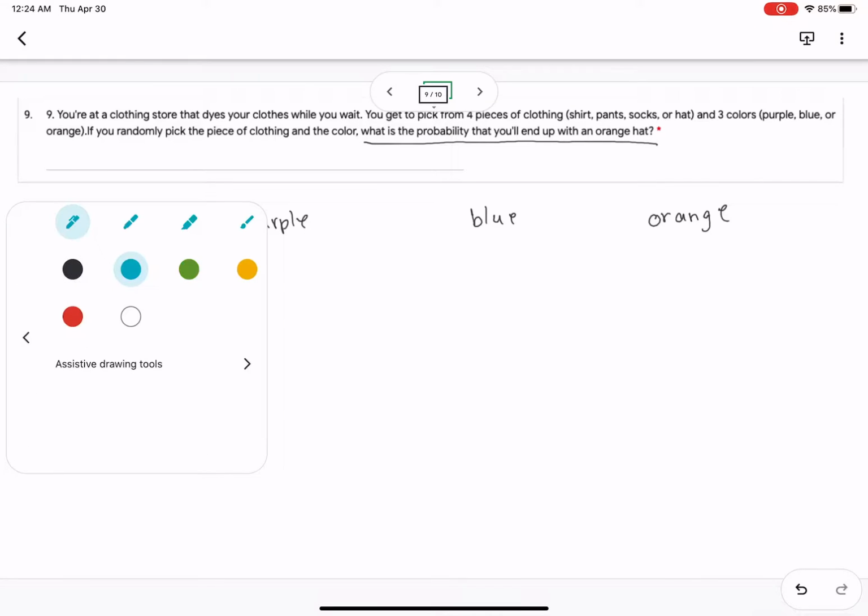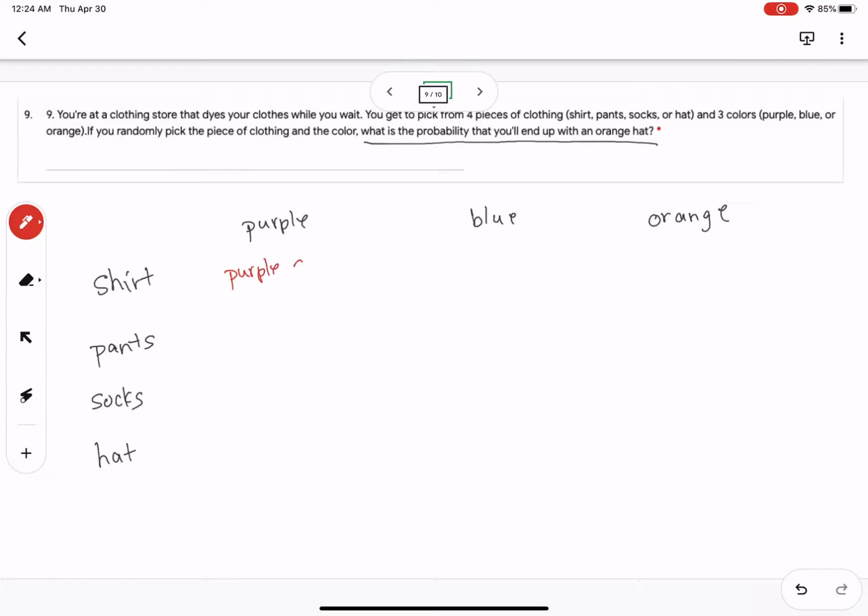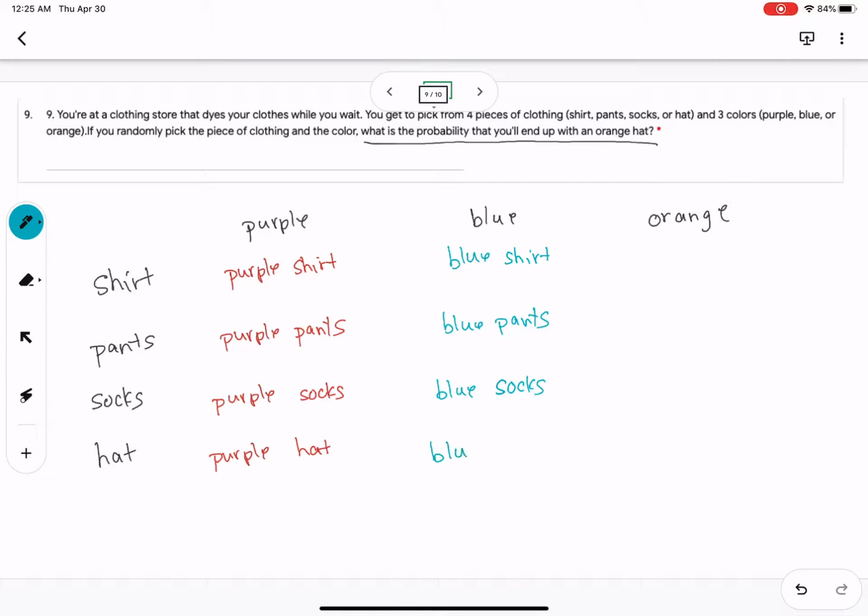Okay, so we can have purple shirt, purple pants, purple socks, purple hat, blue shirt, blue pants, blue socks, blue hat, orange shirt, orange pants, orange socks, orange hat. Okay, so those are all our different options here.